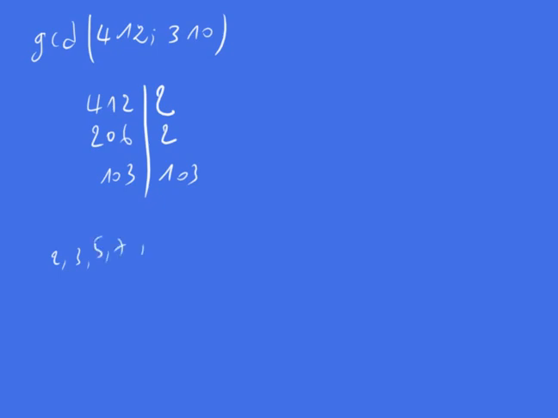The next is 11, whose square is greater than 103. So we can't divide 103 by any one of those numbers. So it is a prime number.